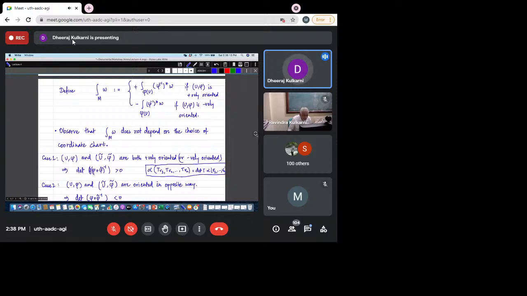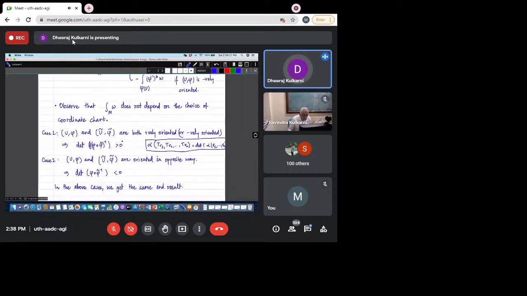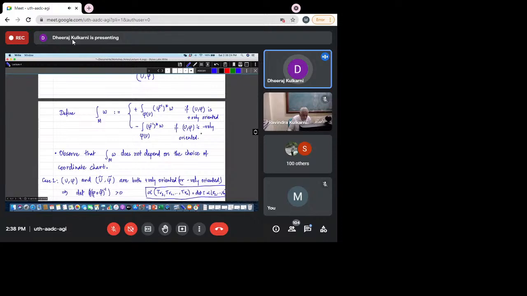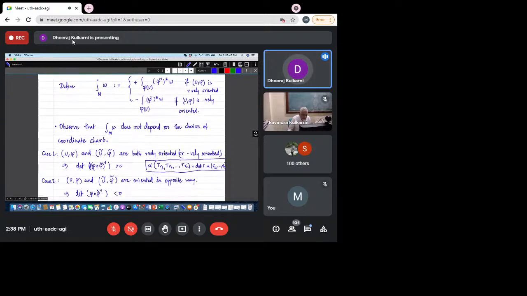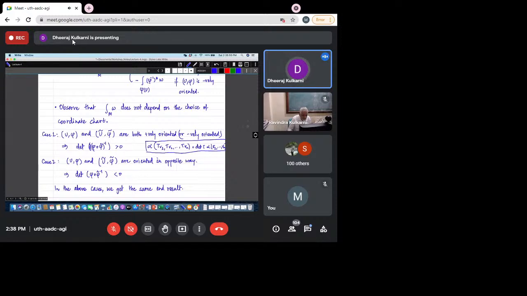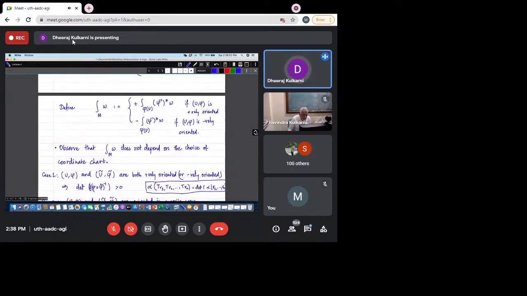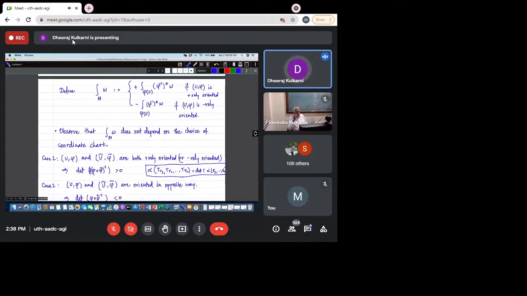Okay. So in this case, determinant stays positive at all points, and then you can see that if both charts are positively oriented, then you would have chosen the first case. You would have assigned this value, and that value remains unchanged because of the change of variable formula. Okay, the sign doesn't change. I'm not working out all the details; you have to apply the change of variable formula for this change of coordinates.